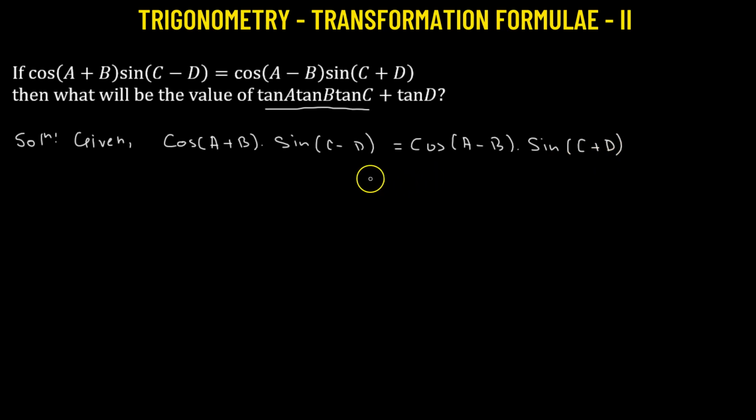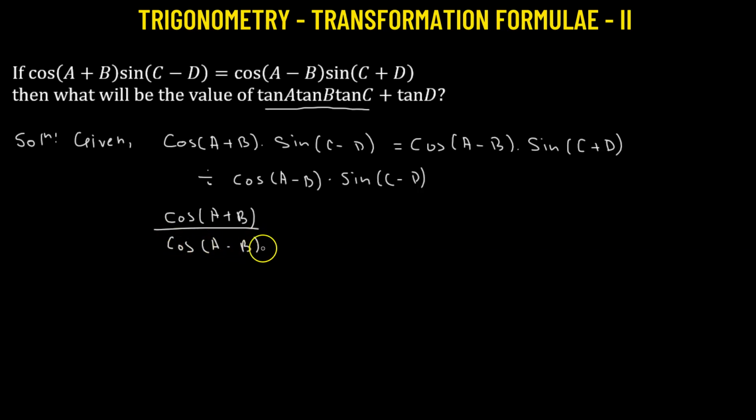Now what we'll do, we'll divide both sides of the equation by cosine of (a minus b) times sine of (c minus d), so that we get cosine of angle (a plus b) divided by cosine of angle (a minus b) equals sine of angle (c plus d) divided by sine of angle (c minus d). Okay, so what we have is two ratios that are equal to each other.